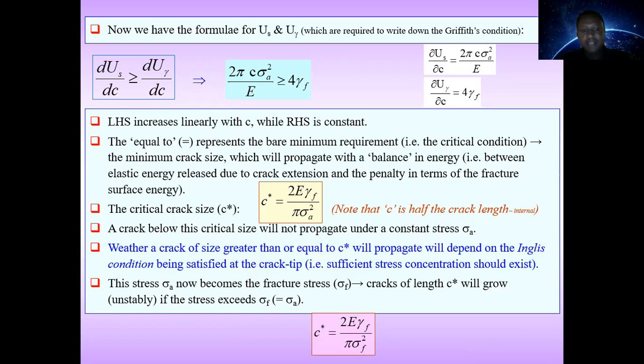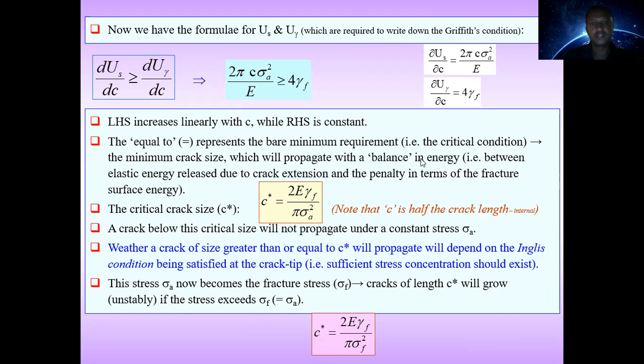This stress σ_a now becomes the fracture stress σ_f. A crack of length C* will grow unstably if the stress exceeds σ_f. So C* is equal to 2Eγ_f over π σ_f squared.